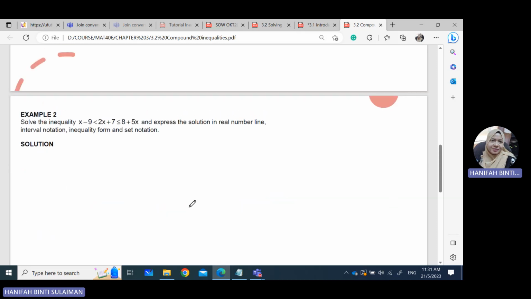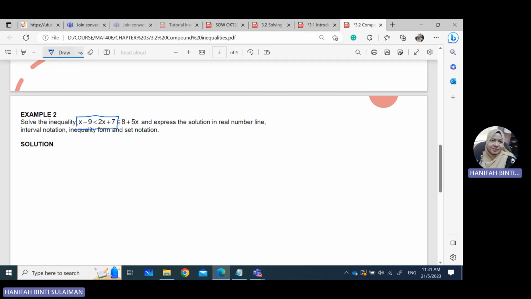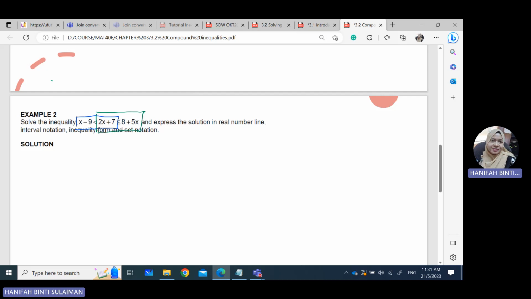So solve the inequality. X minus 9 less than 2x plus 7. And this function is also less than or equal to 8 plus 5x. So we have two parts. The first one, 2x plus 7 is greater than x minus 9. And second situation, 2x plus 7 is less than or equal to 8 plus 5x.